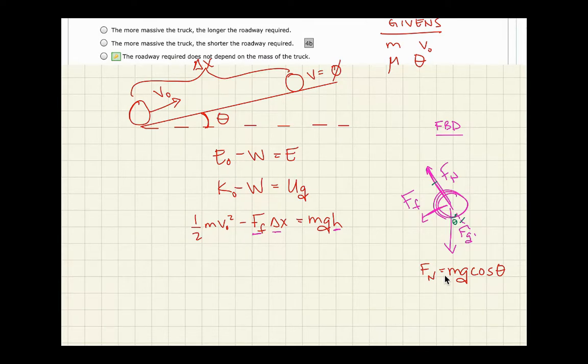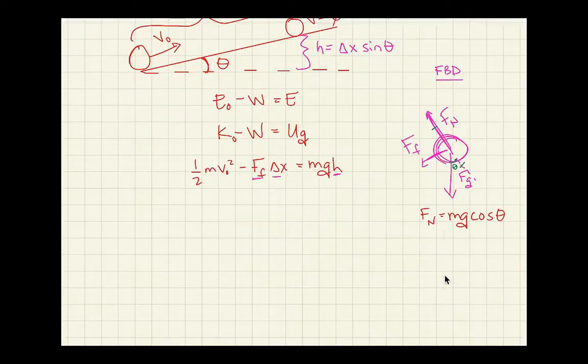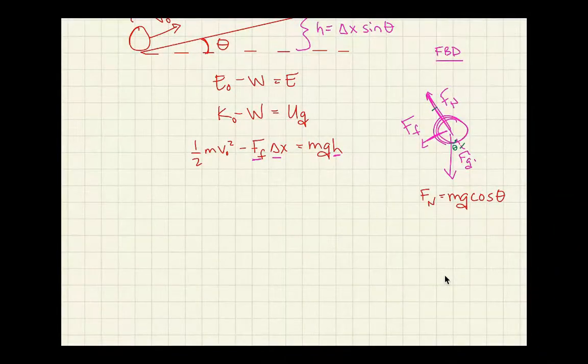So that helps me solve this part out. My delta x, let's just leave it as delta x. Then the height would be delta x times sine of theta. So here we go, substituting all of that back into my equation.